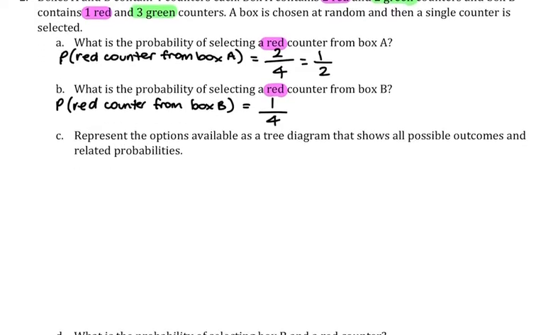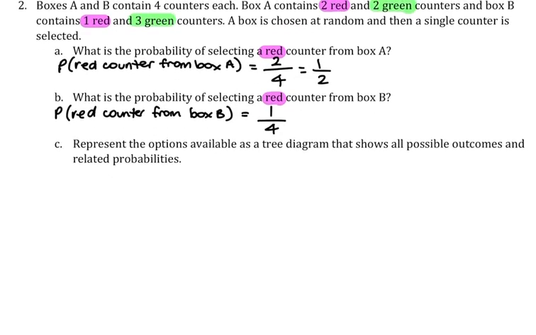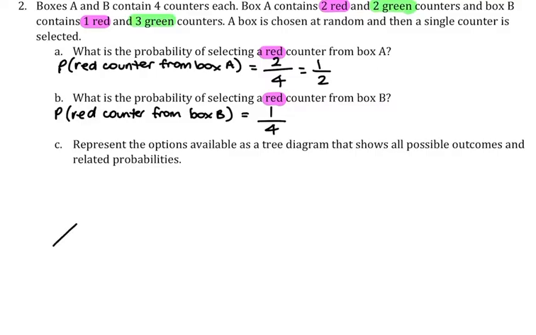Now we want to represent the options available as a tree diagram that shows all possible outcomes and related probabilities. So what you think about is we have to select a box first and then a counter, because we're going to choose which box we put our hand in before we pick which counter we get. So we're going to start here and draw our lines.